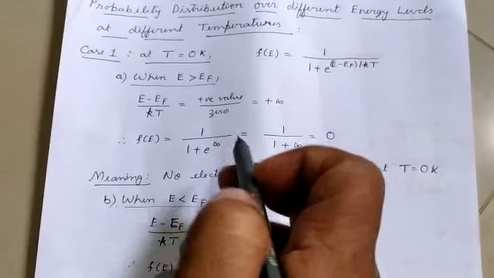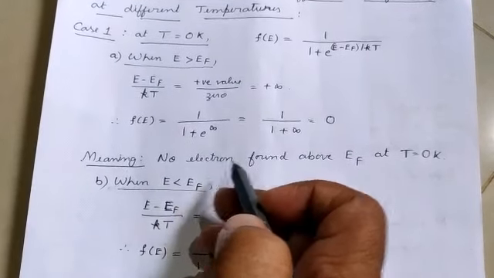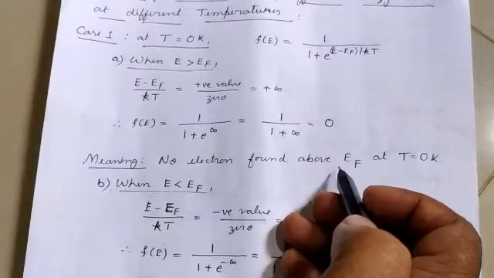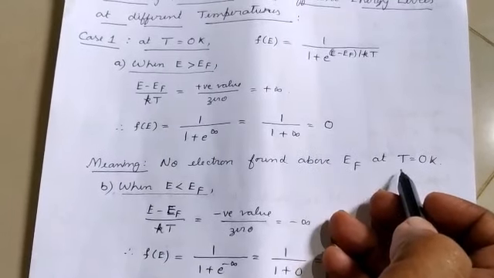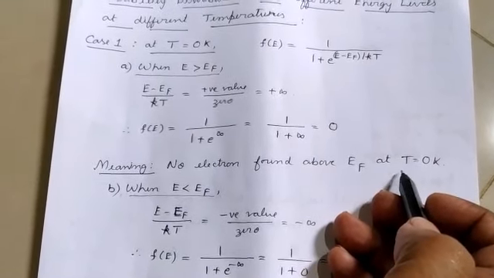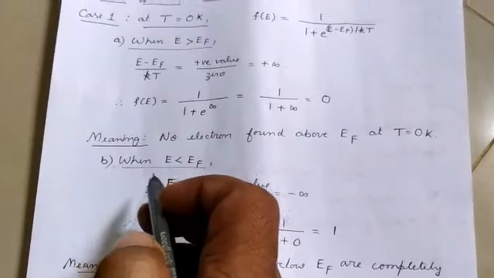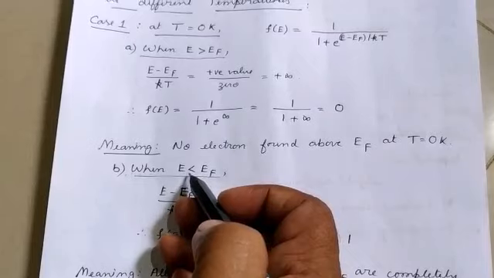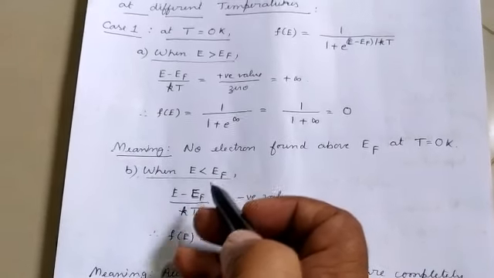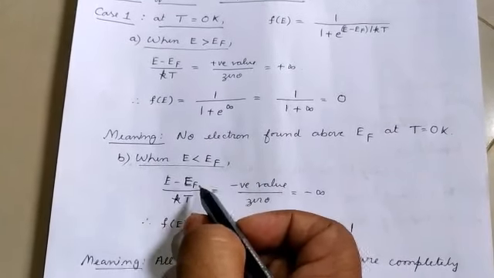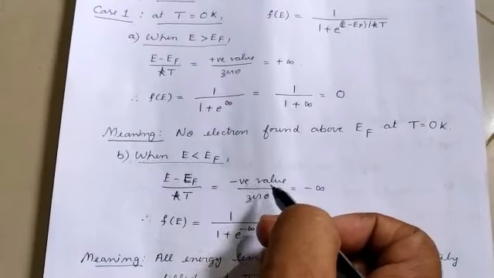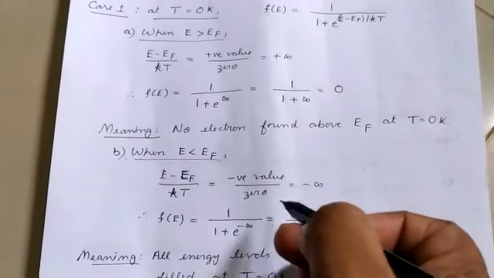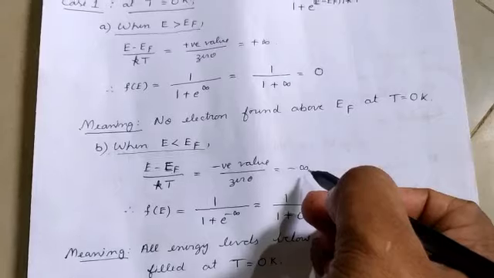What it means is that you cannot find any electron in the energy levels above the Fermi level at the temperature of 0 Kelvin. Now let us take the other case, for energy levels which are below the Fermi level, that is E less than EF. What happens to the term (E - EF)/kT? We get a negative value divided by 0, which means minus infinity.